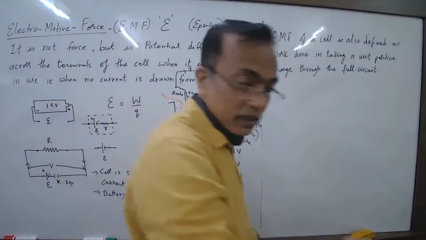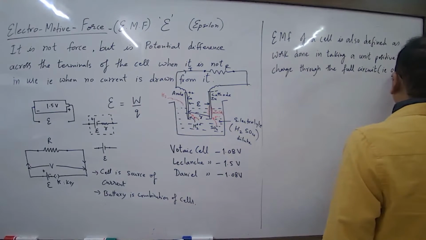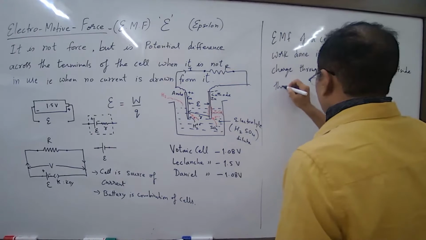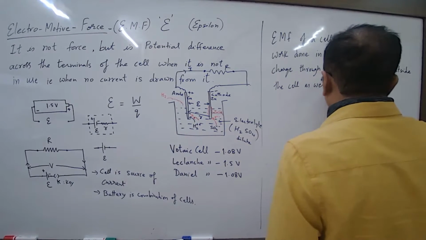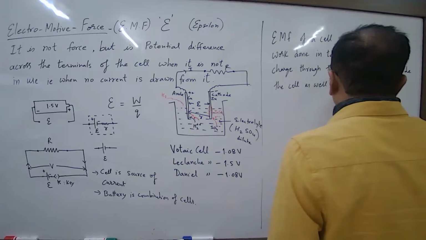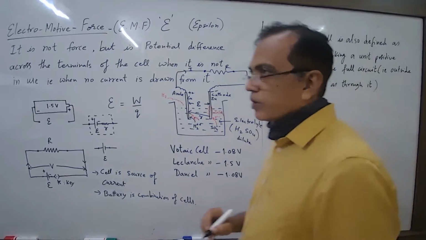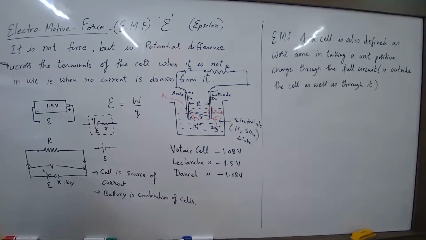Outside and inside the cell, that is, outside the cell as well as through it. So that is the full circuit. Right?